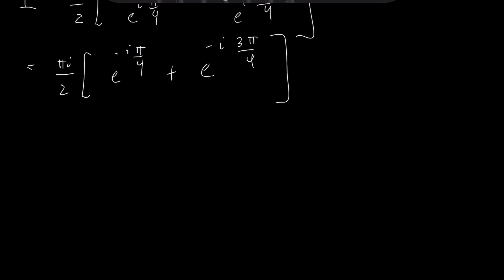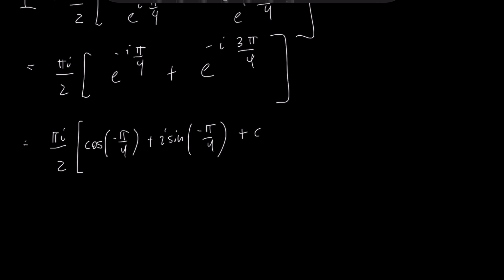And to evaluate this, we'll use Euler's formula, so decompose this into a sum of cosines and sines. So this is equal to pi i over 2, the cosine of minus pi over 4, plus i sine of minus pi over 4, plus the cosine of negative 3 pi over 4, plus i sine of negative 3 pi over 4.